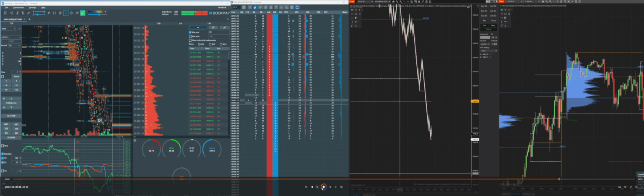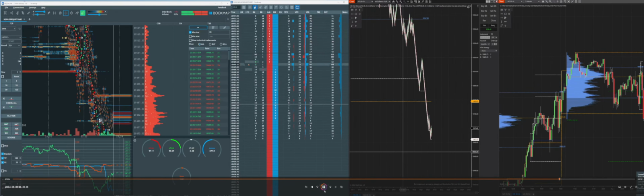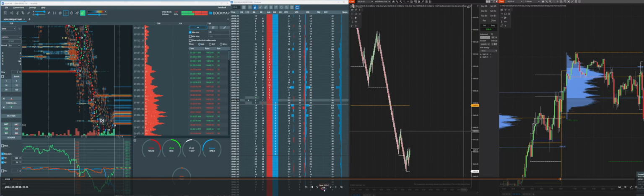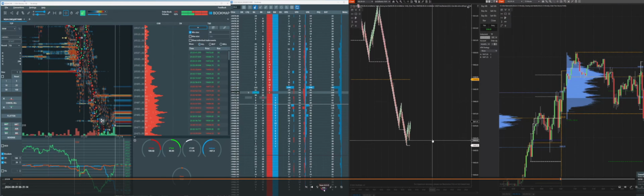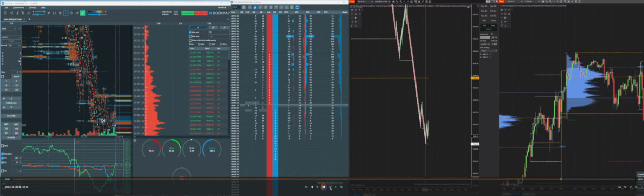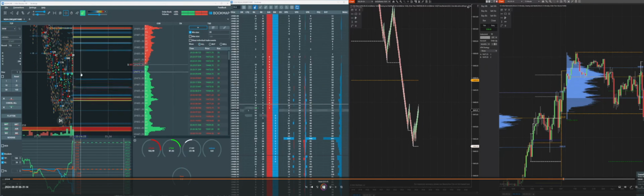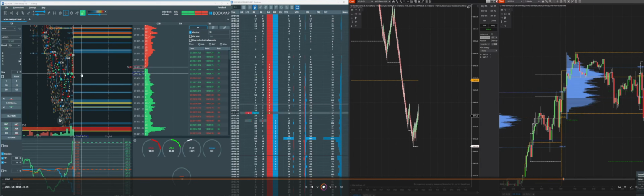Right here. What you're seeing is the market down in this range, starting to absorb it during the bottom range. Right about here, what you're seeing is these large absorptions. That is an iceberg in one particular single area.